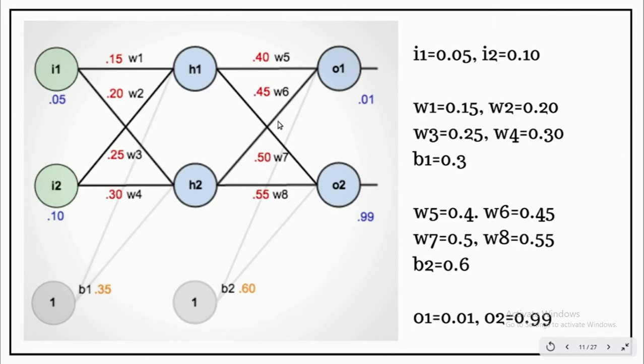Again we will do a forward pass, calculate the prediction output, calculate the error, and move backward while updating all the weights, and the whole process will continue till the error is minimum.